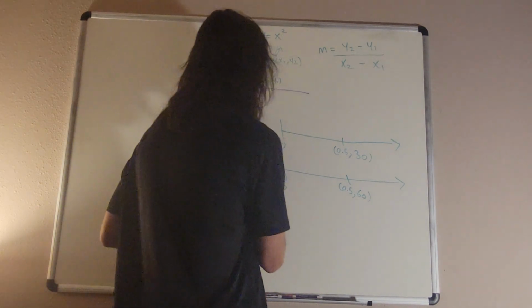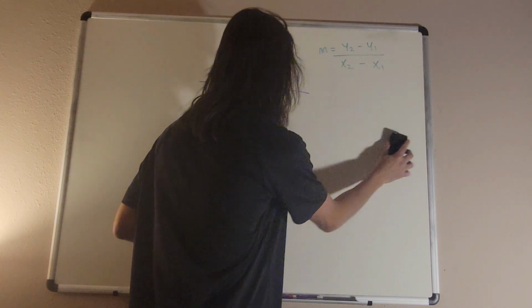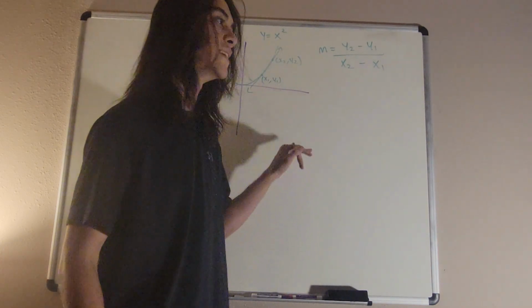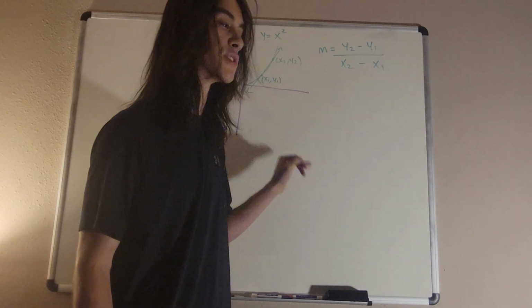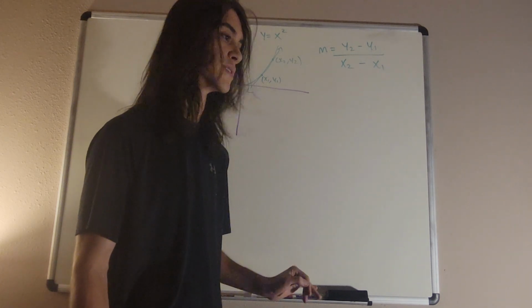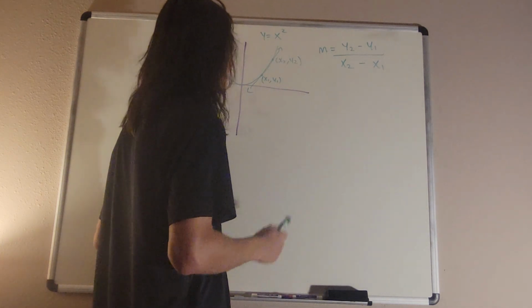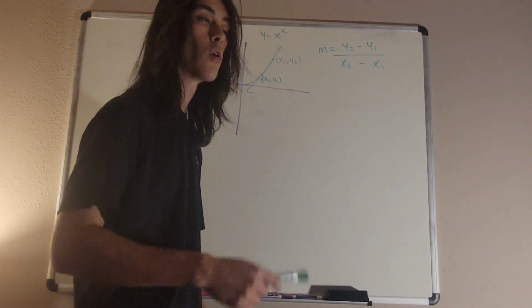So at any point in time throughout that drive, you can look at the instantaneous speed, the speed we're going at that exact point in time. And that's what a derivative is. A derivative is the instantaneous slope or rate of change at a particular point.